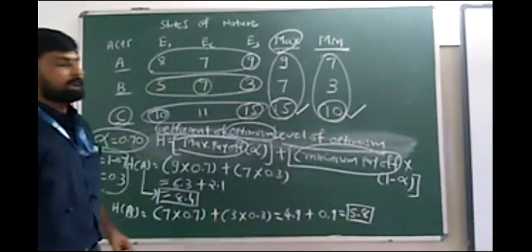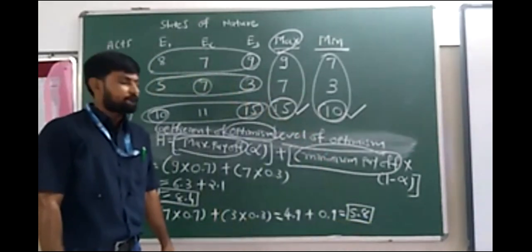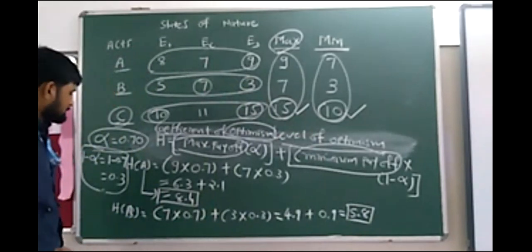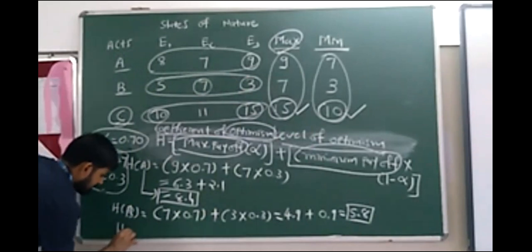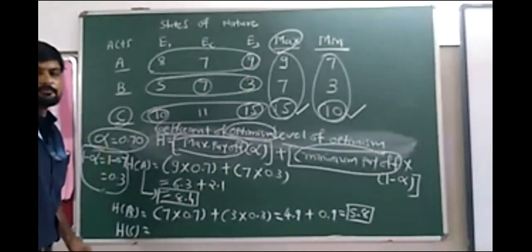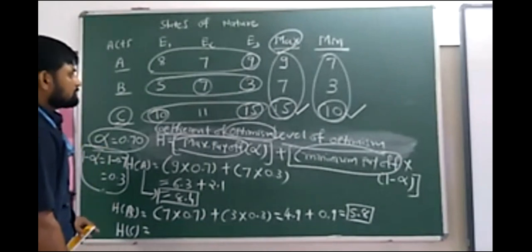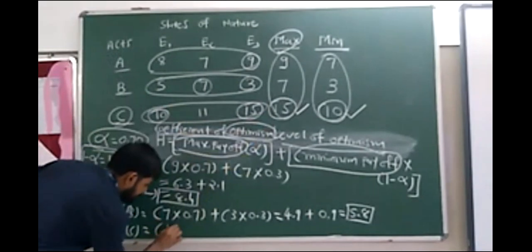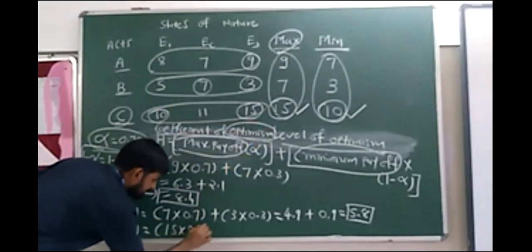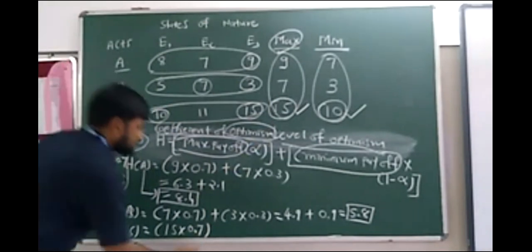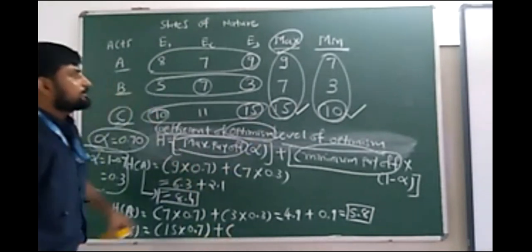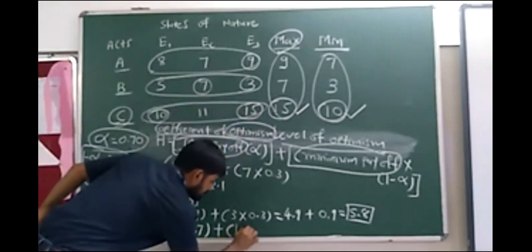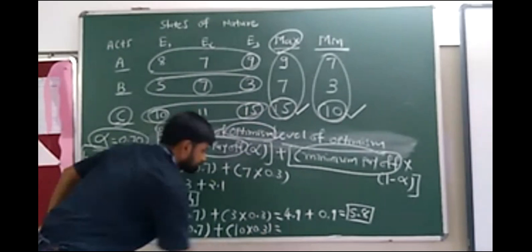So this is the weighted average profit for act B as per Harvey's rule. Then we'll find the weighted average for act C. The maximum payoff for act C is 15 rupees, so 15 into alpha, and alpha is the same 0.7, plus the minimum payoff for act C, which is 10, so 10 into 0.3.